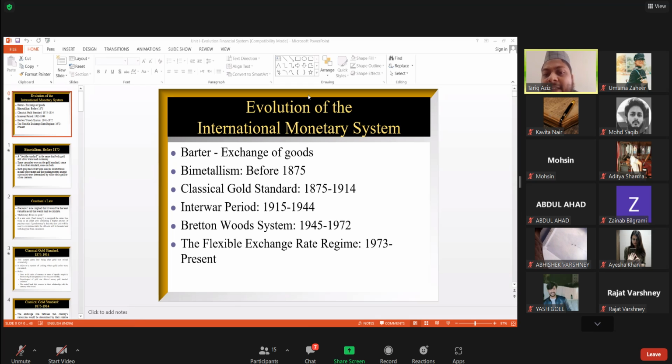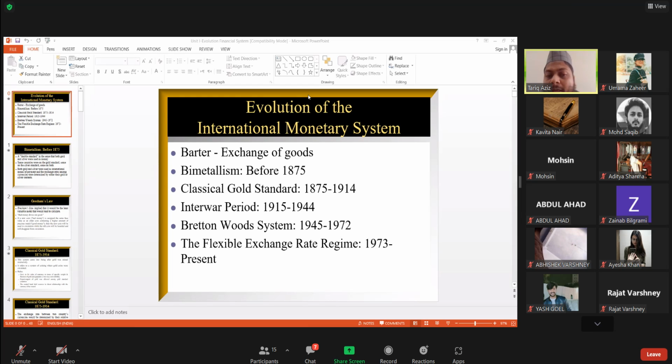And it was also decided under the Bretton Woods system that keeping a reserve of gold is one option, or the US dollar. So if some country does not have gold, it may decide to keep reserve in terms of dollar. So the dollar was decided to be a reserve currency. And rules and formulas were decided for the exchange rate between different currencies.